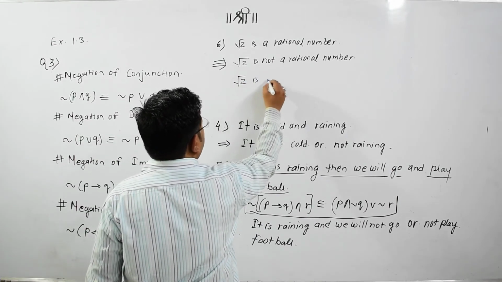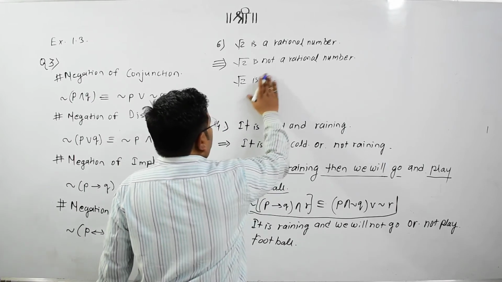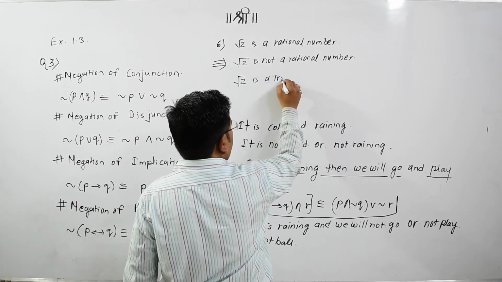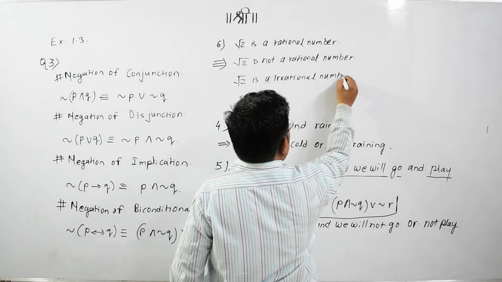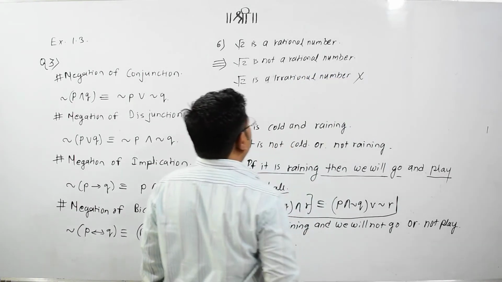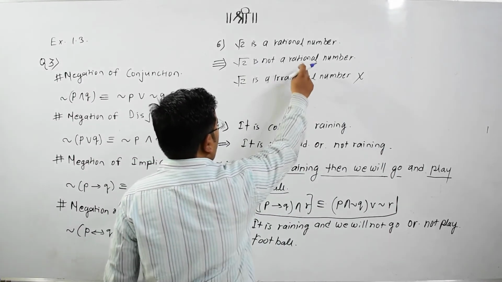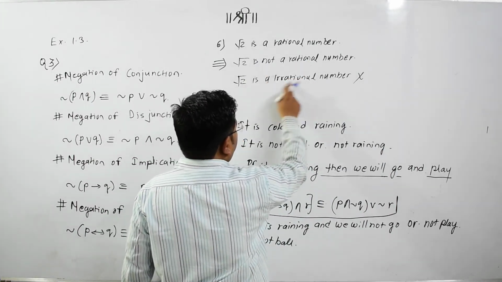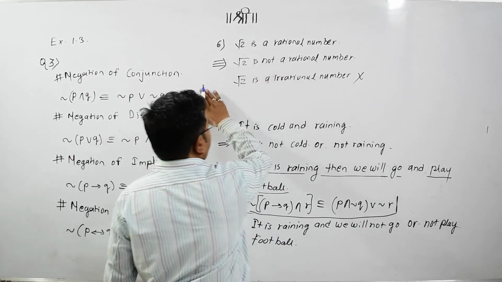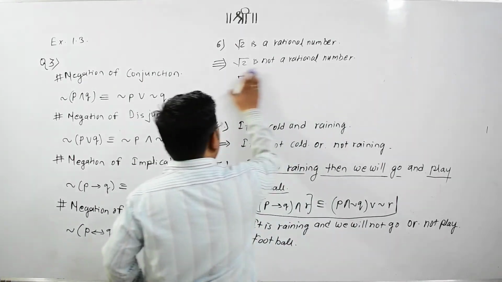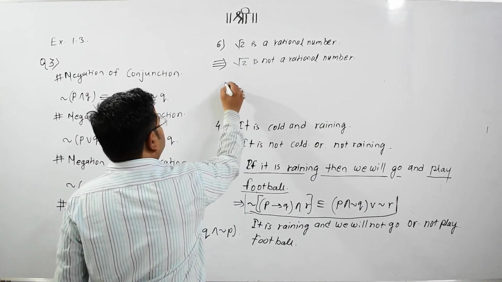Under root 2 is an irrational number. Okay, this is wrong. This is the correct statement. The opposite, you should not write it like an irrational. So this is wrong, this is right. You should not write it like this. This is the correct one. Now next step, question number 7.